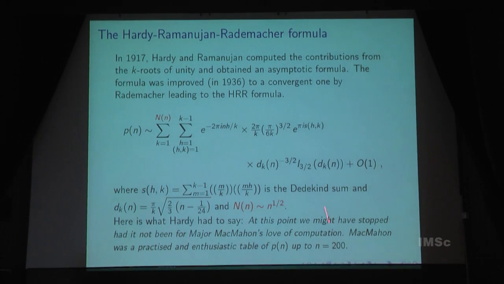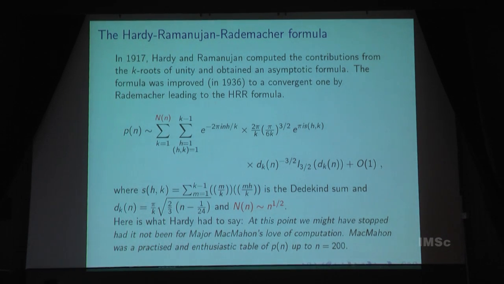The tweak turned out to be very interesting, and it led from this asymptotic formula to a convergent series. If it's a convergent series, it's very nice. I can truncate it wherever I want, and if the error in the terms which I have thrown out is less than 1, I know p of n is an integer. If the error is 0.01, I don't care.